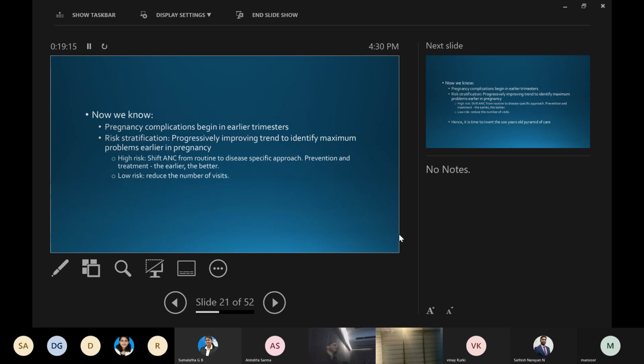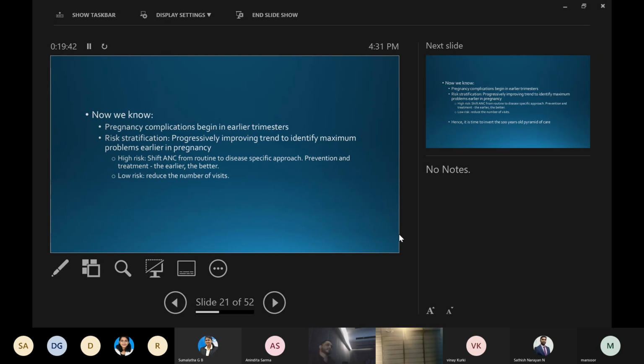There is a progressively improving trend to identify maximum problems earlier in pregnancy. By doing this early pregnancy scan, we can stratify the patient into high risk and low risk. If the patient is found to have some high risk, for example, high risk for preeclampsia, then we can shift the antenatal care from routine care to a disease specific approach.